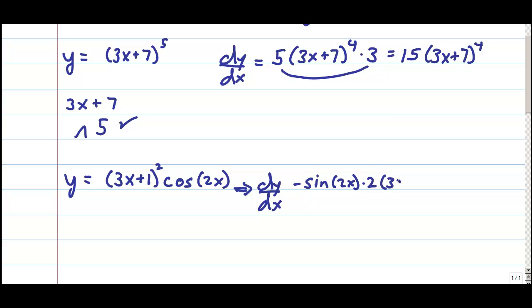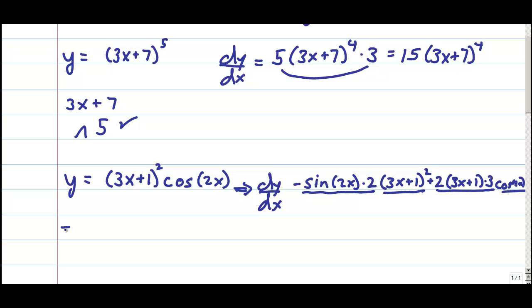Times (3x plus 1) squared. Now plus, I've got to take the derivative of the first one, applying the chain rule, times the second. Ran out of room. So notice, here's the derivative of the second times the first, plus the derivative of the first times the second.